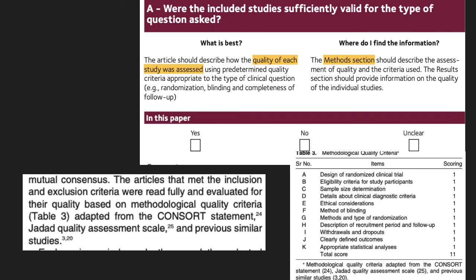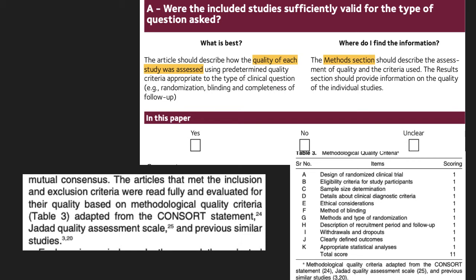Were the included studies sufficiently varied for the type of question asked? What is the best? The quality of each study was assessed using quality criteria appropriate to the type of clinical question, such as randomization and blinding.